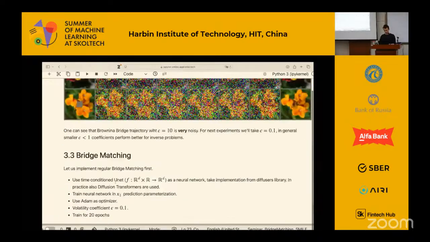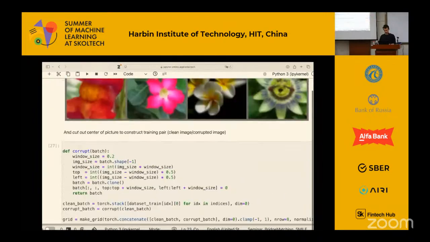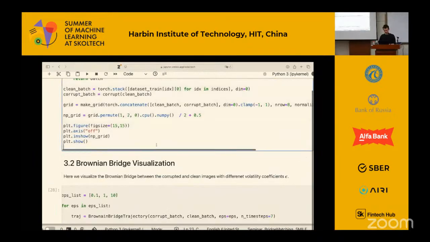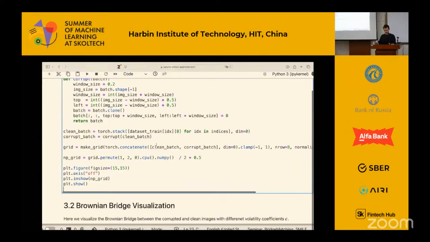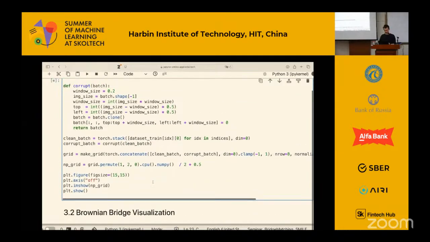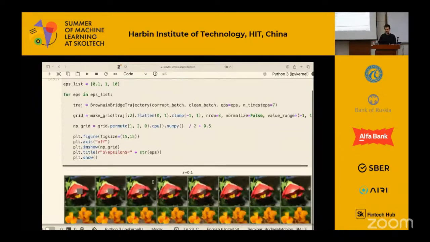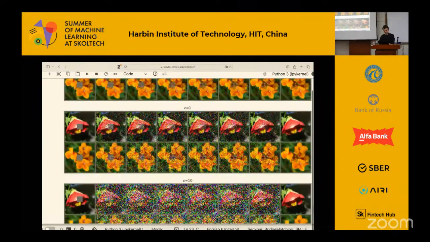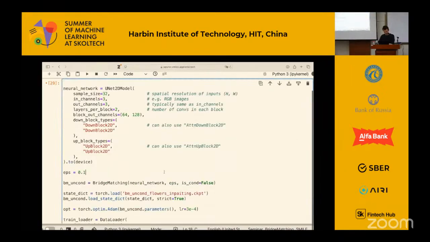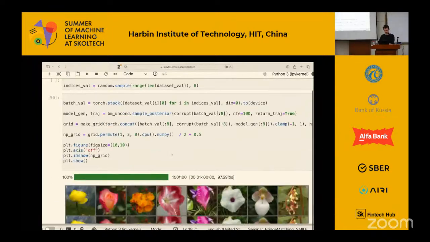Let me comment all this. Yeah, very slow. Okay, seems like I will not have a possibility to run a single cell in this seminar, but okay, I will just show you the results.